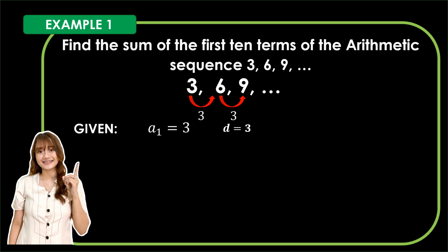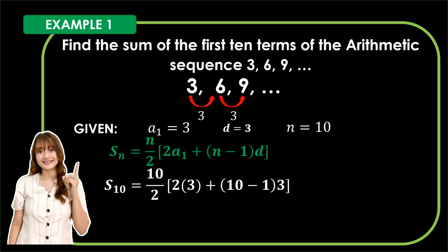Also, in our problem, given is the number of terms, which is 10, so we can denote it as n is equal to 10. Since we have the first term and the common difference, we use this formula: S sub n is equal to n over 2 times the quantity 2a sub 1 plus the quantity n minus 1 times d.